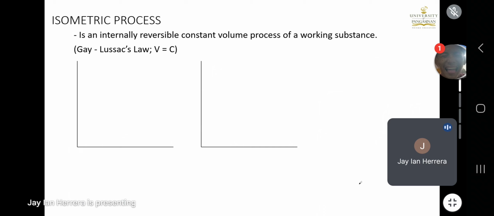So let's first go to the isometric process. It is an internally reversible constant volume process of a working substance. So V is constant. That is under Gay-Lussac's law.